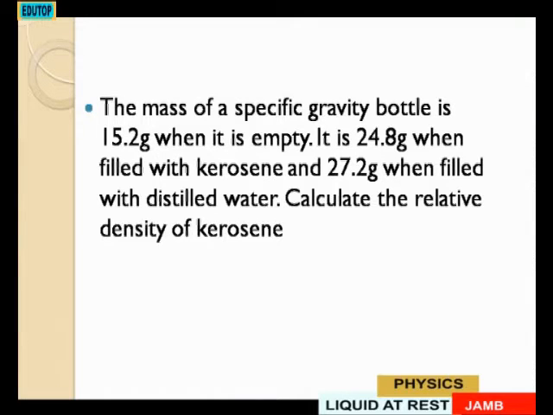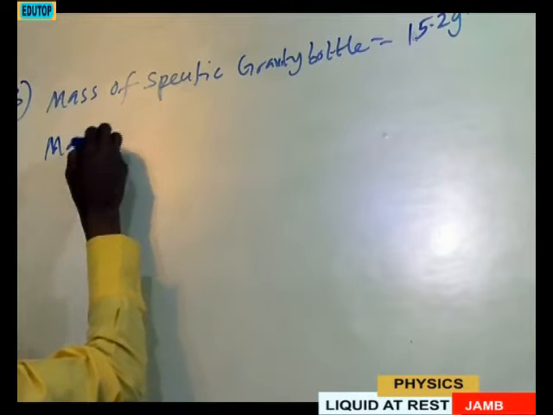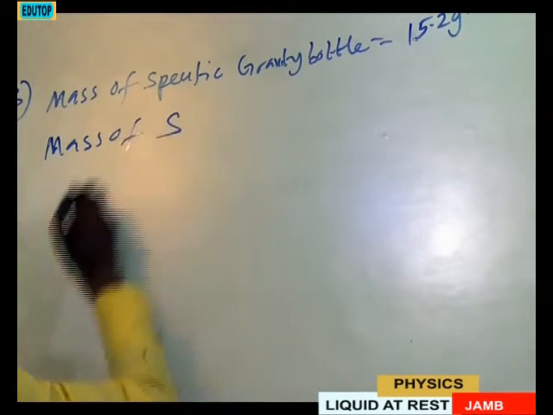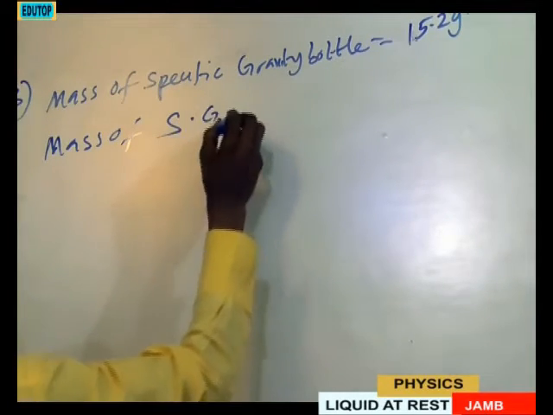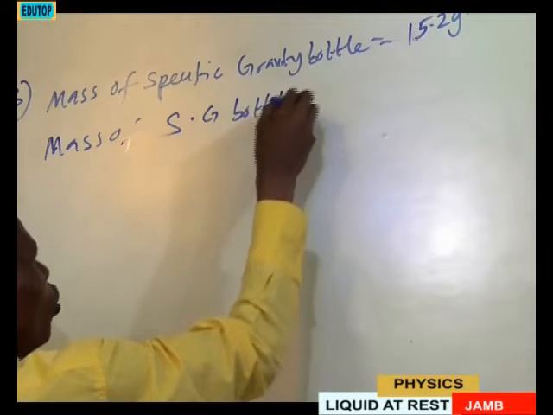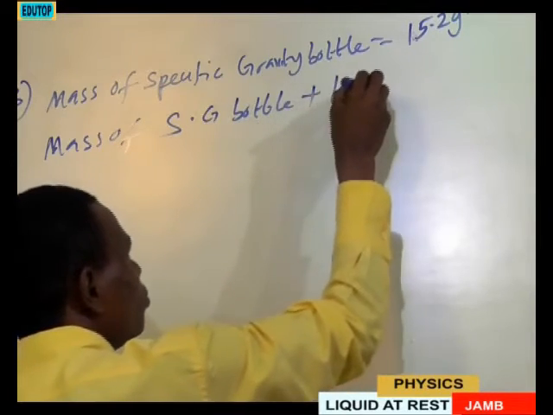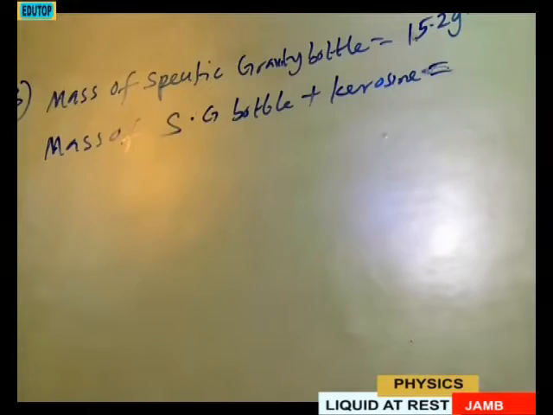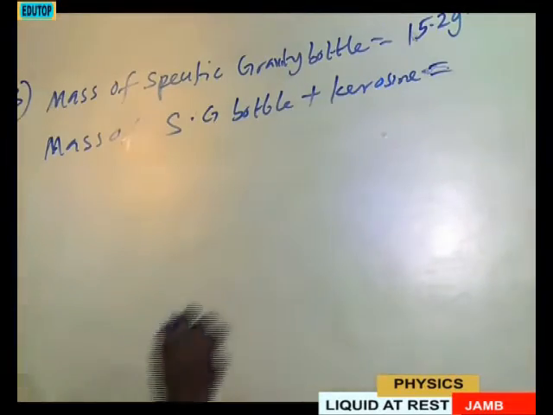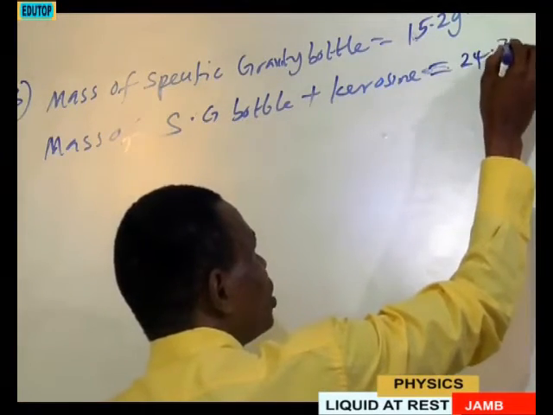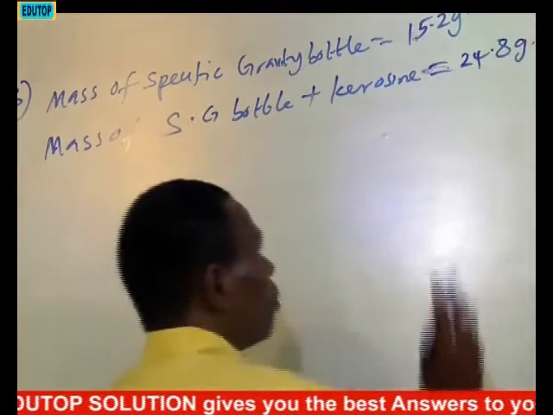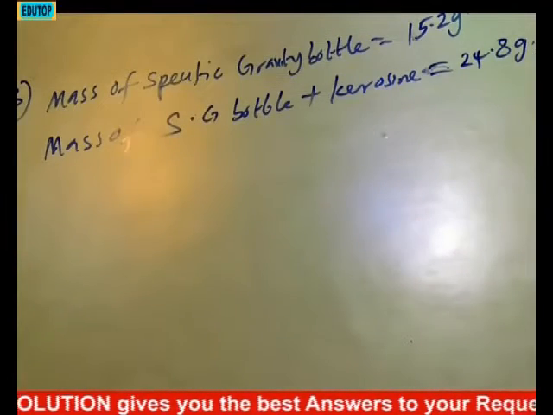So we are going to have that when it is filled with kerosene, the mass of specific gravity bottle plus kerosene, what we are given there is 24.8 gram. Those are the values we are having there.